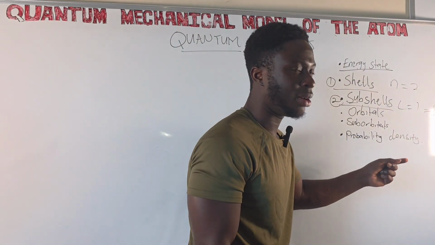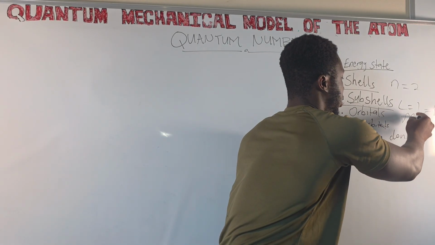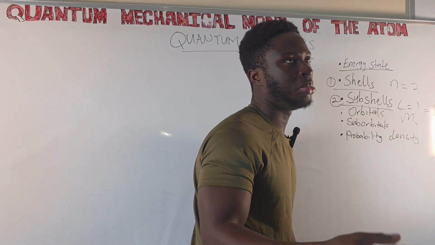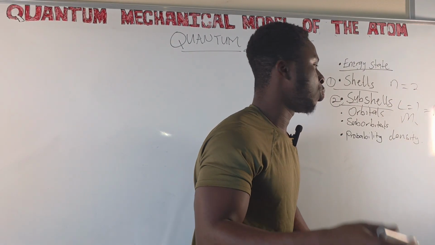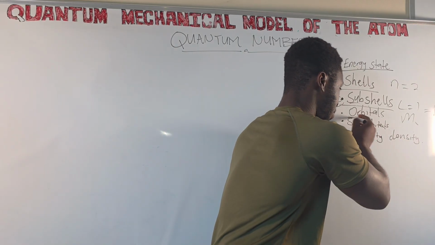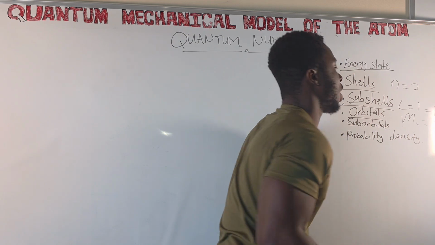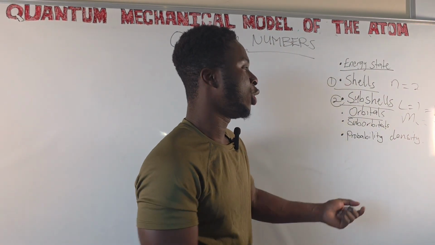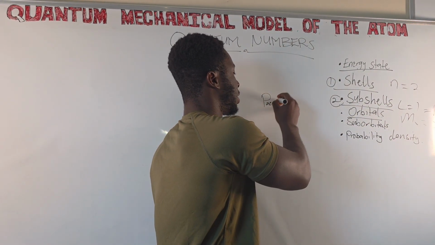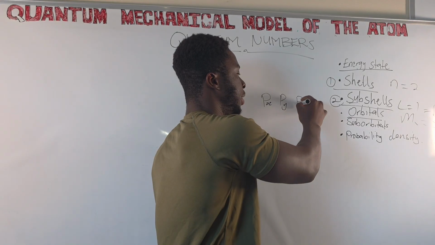And then the orbital, which is m_l, let's say m_l equals negative 1, would give us the orbital here, in this case the x. That is why when we write the p orbitals, we have px, py, and pz.